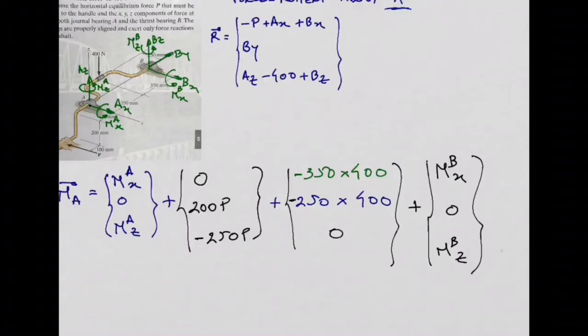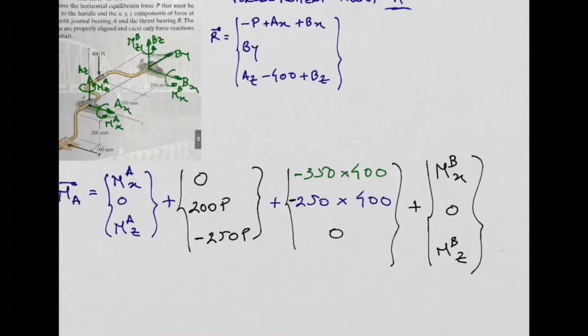Don't forget, 2 weeks ago we calculated the moment produced by a couple, and we concluded that that moment, it doesn't matter which point we choose to calculate the moment, that moment is always the same. It doesn't change, right? So that's why you can move the moment from point B to point A without doing anything else, because the moment is the same.